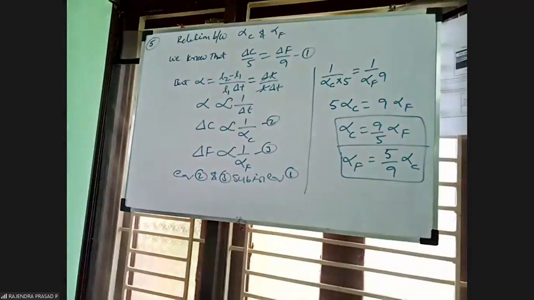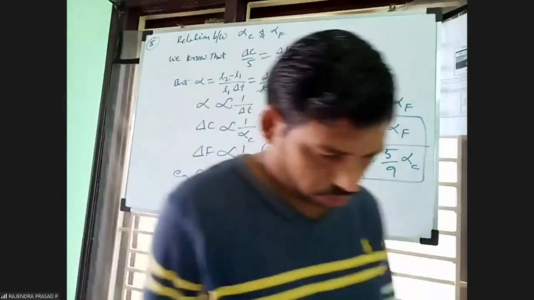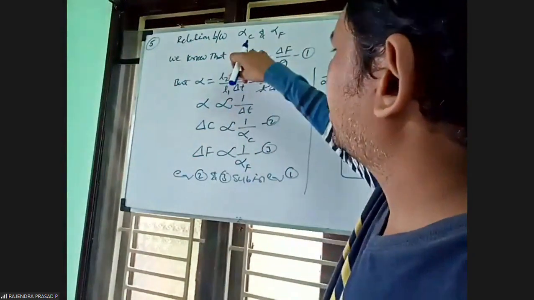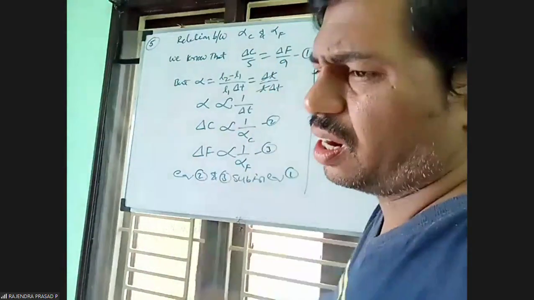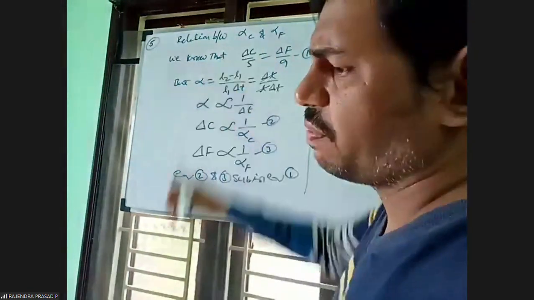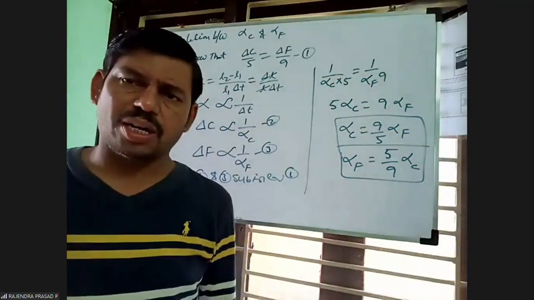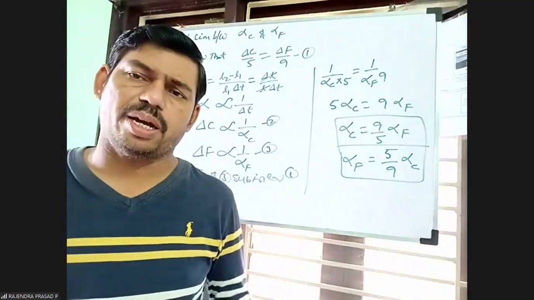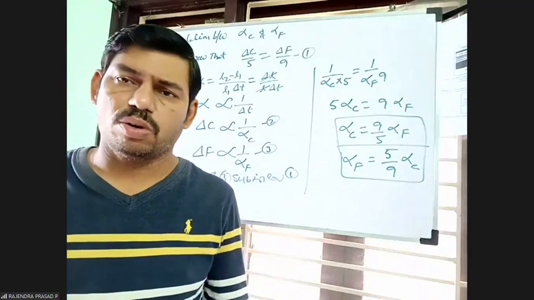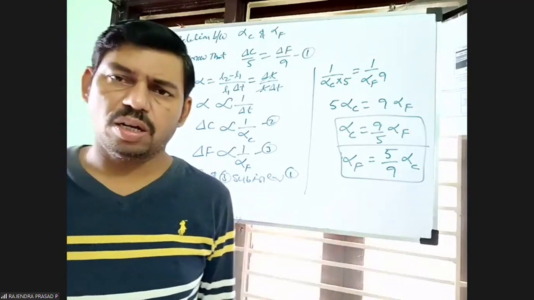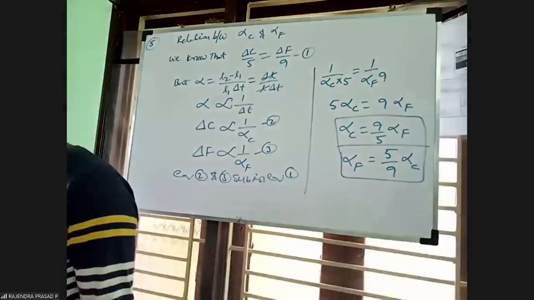Sir, the delta F minus 32 by delta F? It is the change in temperature, the difference of temperatures. One formula is delta C by 5 equal to delta F by 9 equal to delta K by 5 equal to delta R by 4, from the previous class notebook.